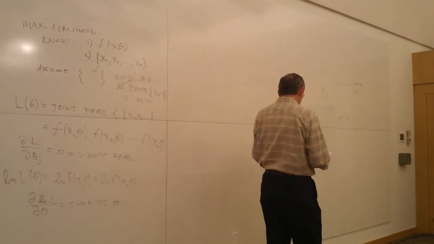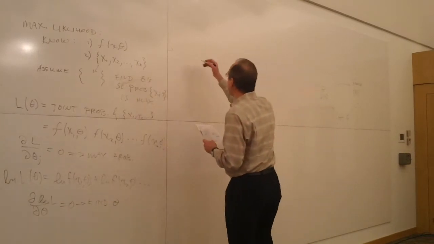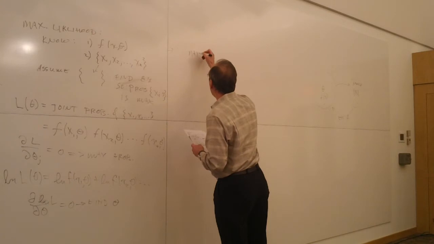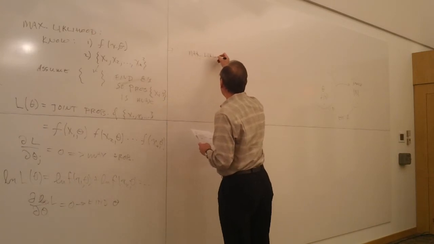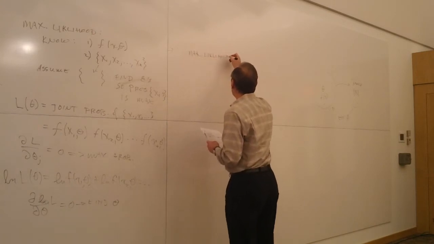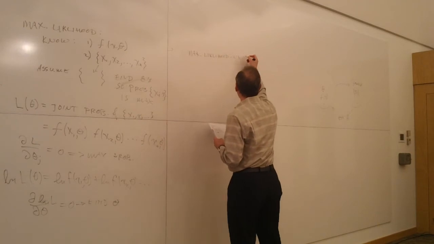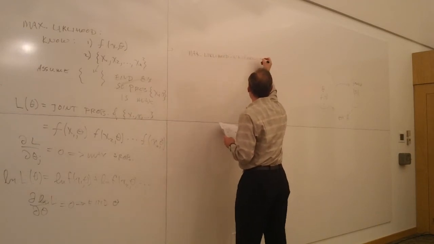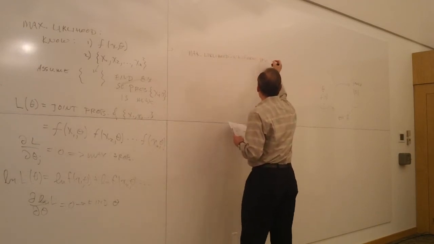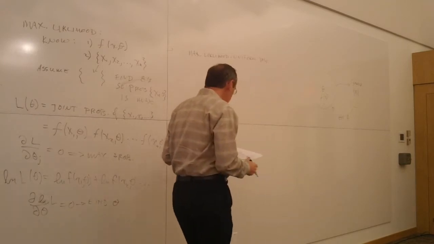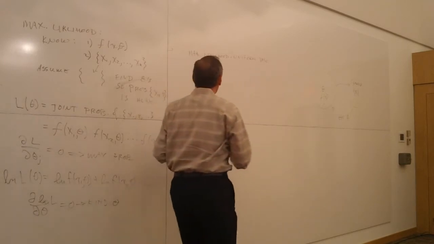But before we do that, let's look at maximum likelihood for the uniform distribution. Because this is really the key to understanding this part of the problem.